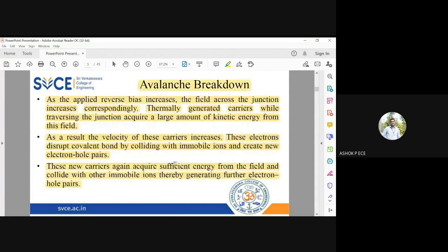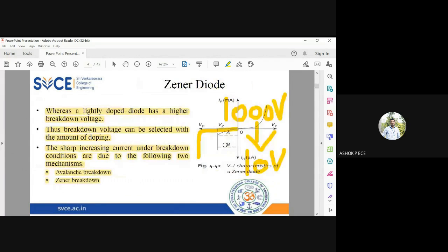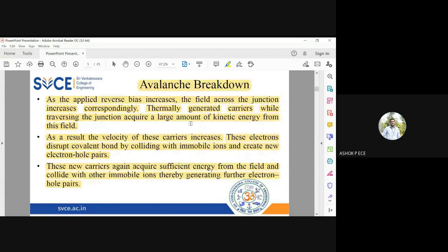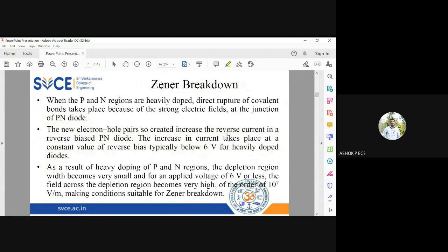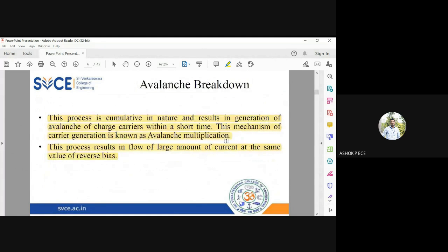That is why you see in this graph that until breakdown the current is very minimal, but after breakdown the voltage becomes constant and the current starts increasing enormously. In Zener breakdown or avalanche breakdown, the current becomes enormous because of multiplication of charge carriers by a process called avalanche multiplication. So when avalanche breakdown happens, your diode becomes unusable.